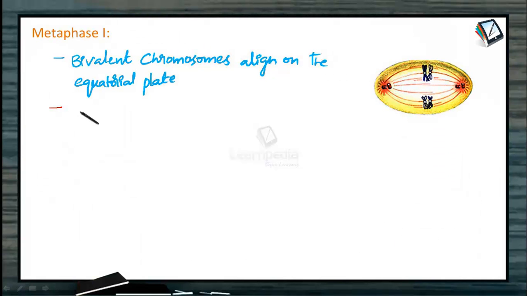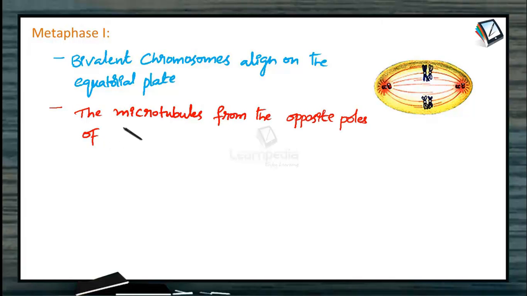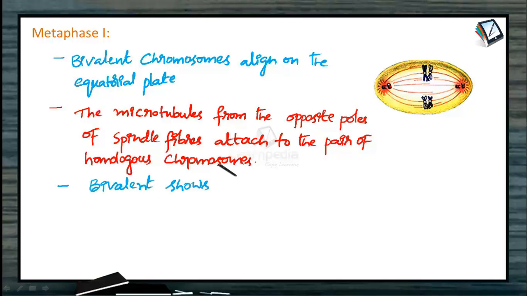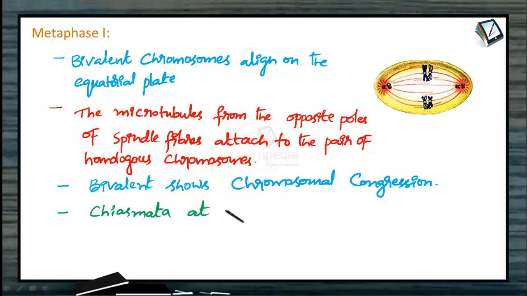The microtubules from the opposite poles of the spindle, that is spindle fibers, attach to the pair of homologous chromosomes, that means bivalents. Bivalent chromosomal congregation. Still, two chromosomes are fused with one another at the terminal points, that means chiasmata are at terminal points. That is the change that occurs in metaphase 1.